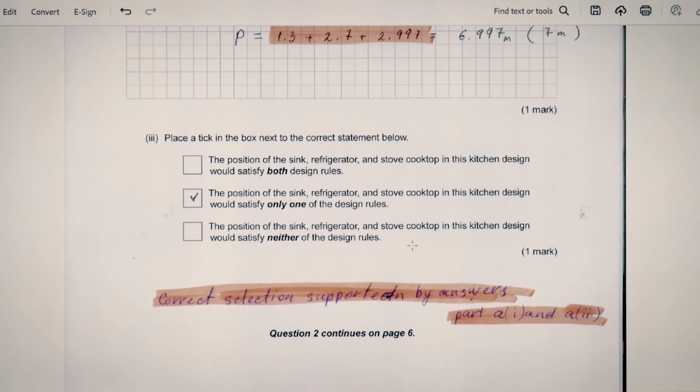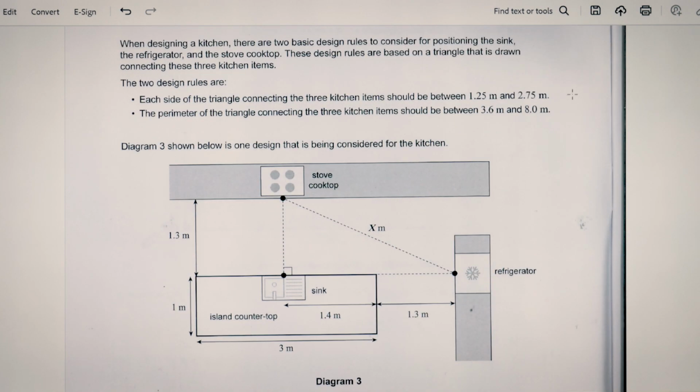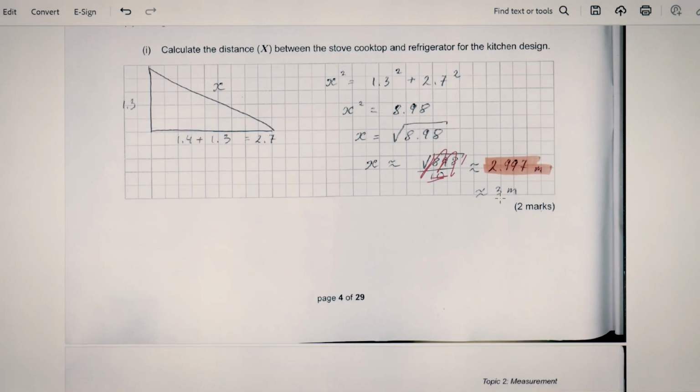So in our case, if they did all the calculations correctly, the position of the sink, refrigerator, and stove cooktop in this kitchen design would satisfy only one of the design rules, because the lengths have to be between 1.25 and 2.75, and our lengths here are more than 2.75.